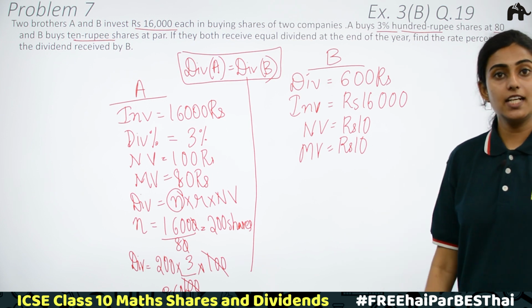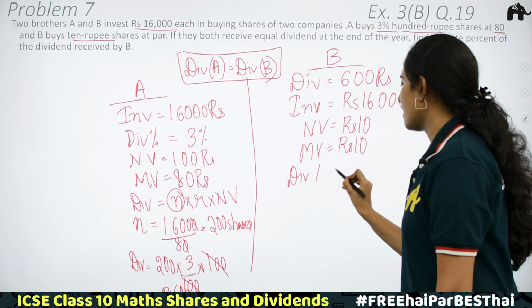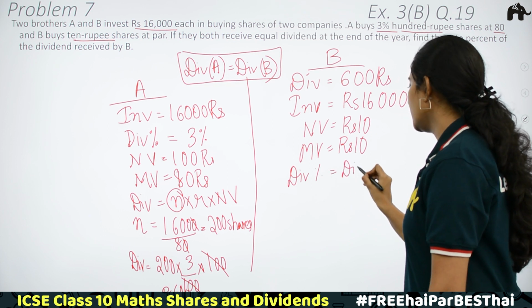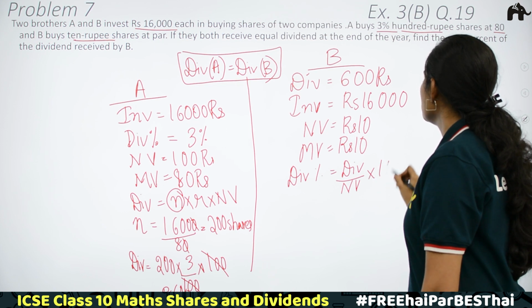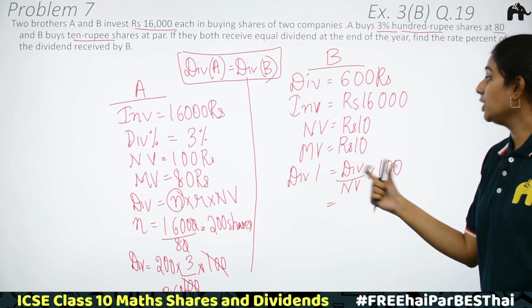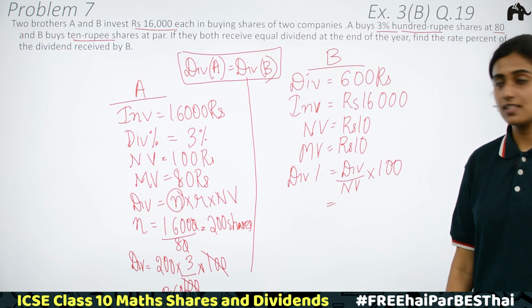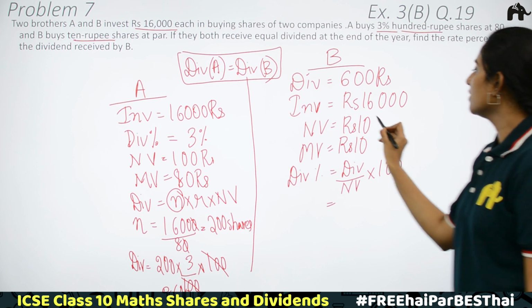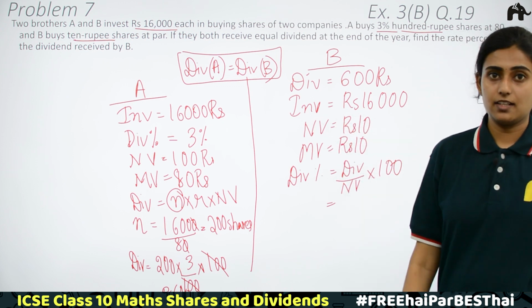We need to find the dividend percentage. To find dividend percentage, we have a formula, that is dividend divided by nominal value into 100. We need to get the nominal value of n number of shares, right? Here we have nominal value of one share is rupees 10.